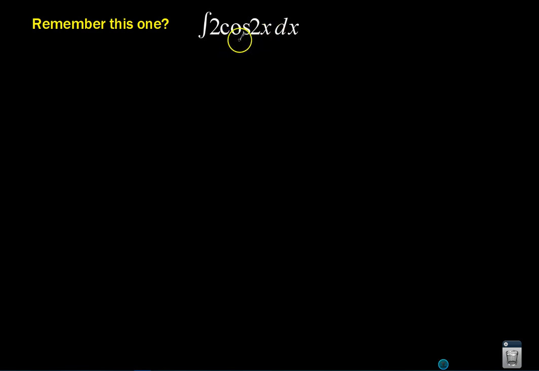The reason I want to do that is because if I were to make this guy u, the derivative of 2x is just 2, which is conveniently right there. So I'm going to say let u equal 2x, not cosine 2x, just 2x. So then du is going to be 2 dx.